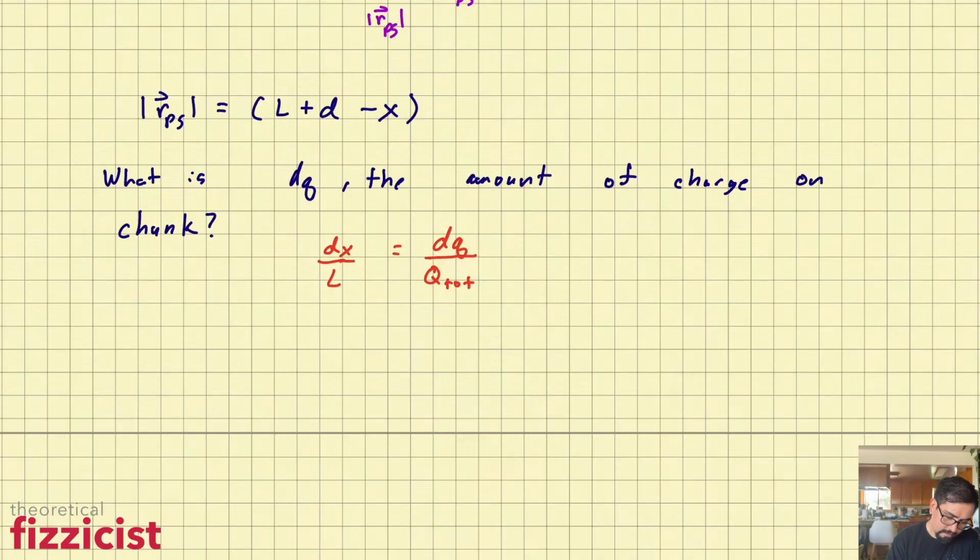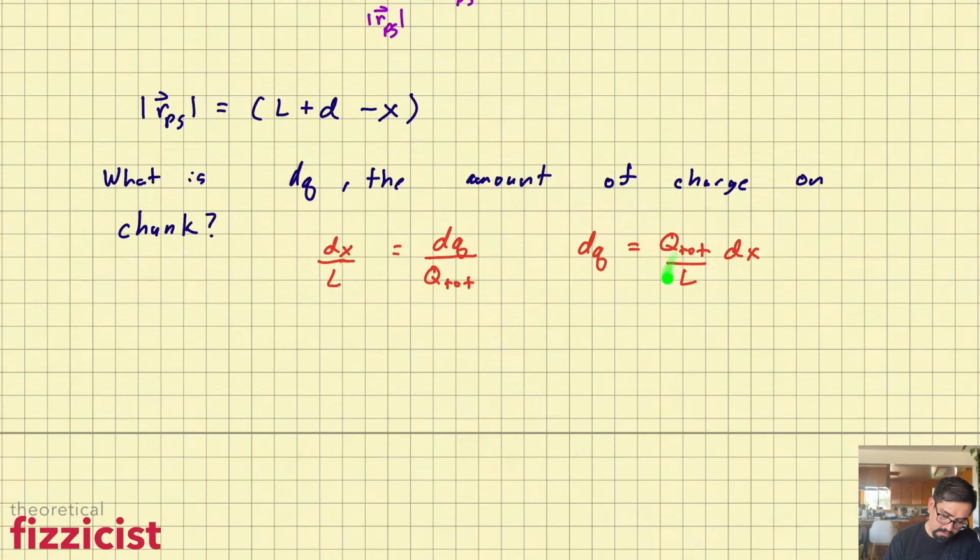Or in other words, 1/10 of the length, 1/10 of the charge. Half of the length, half of the charge. So we can solve for the little charge on our little chunk, and we find that little charge is Q total divided by L, times dx.